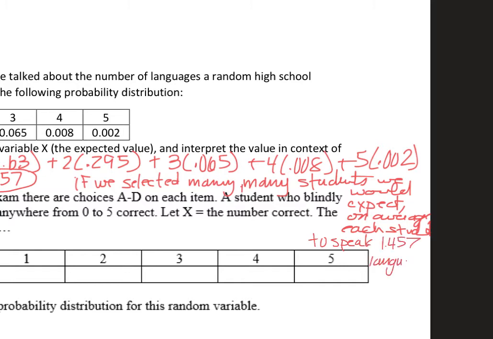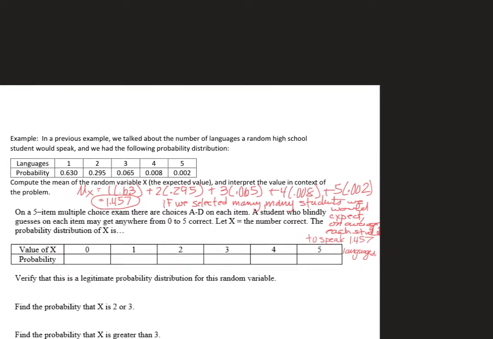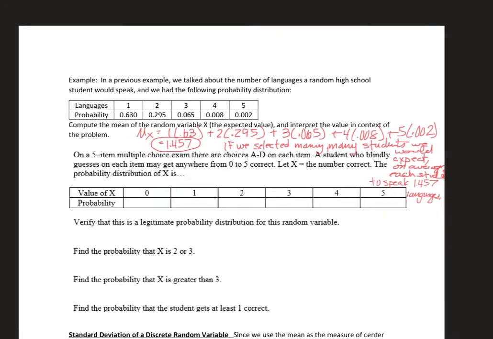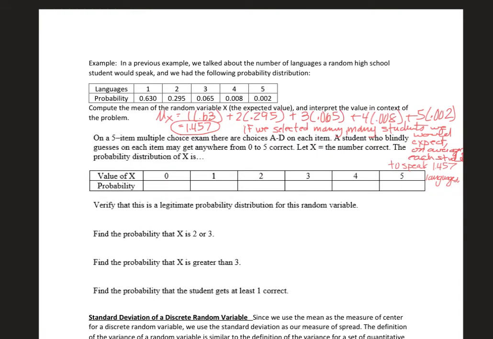I'm sure you ran out of room too. Well, you guys have the ability to shrink, so if you want to shrink that work, I don't have it on this app, so unfortunately I have to deal with it that way. But yeah, we expect them to speak about 1.457 languages. If we selected many, each one would speak about that. And I know that's not possible again, but that's the expectation, okay?